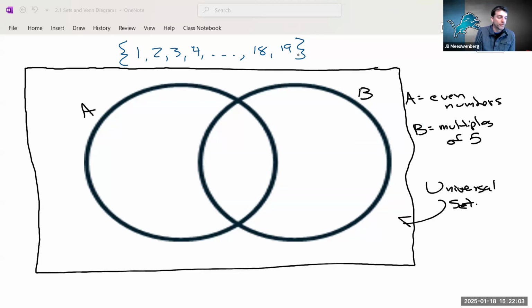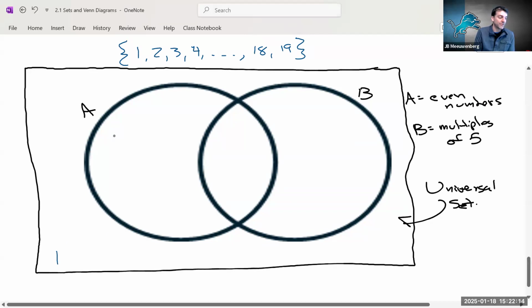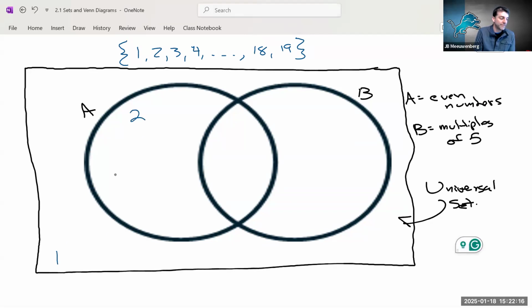So we have to do all these numbers 1 through 19, okay? So if we just start with the number 1 and work our way up, we're really asking ourselves, is each number even or is it a multiple of 5? Well, 1 is not either. 2 is even. 3 is neither. 4 is even. 5 is a multiple of 5, but it's not even, so we're going to put it over here. 6 is even. 7 is neither. 8 is even. 9 is neither.